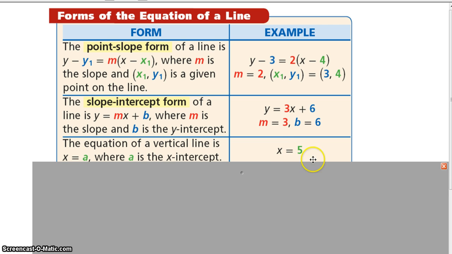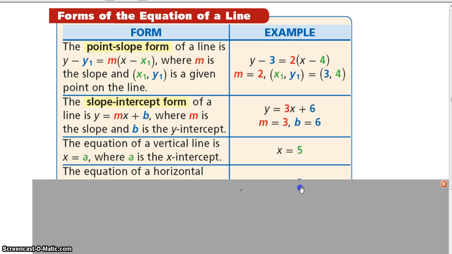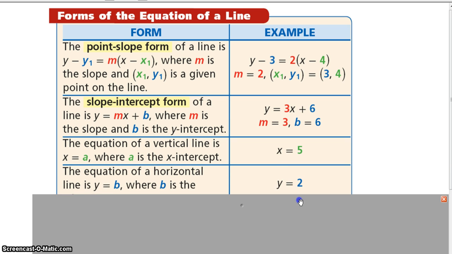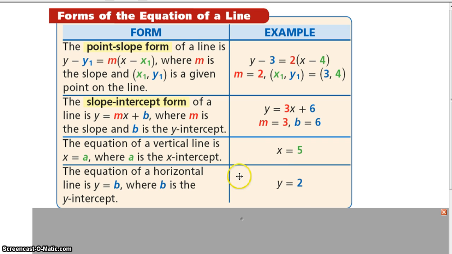You know, what value is the x on a vertical line, and in this case we have 5. And a horizontal line would be the y value, right? Y equals b. Looks like the y-intercept, doesn't it? So y equals 2, we would rise 2 everywhere and have a horizontal line.